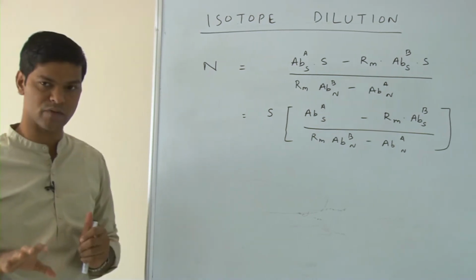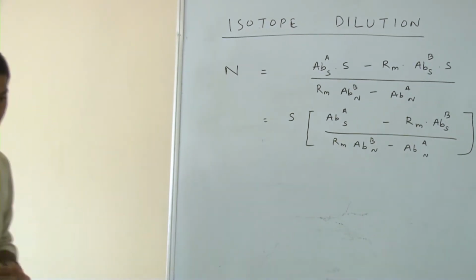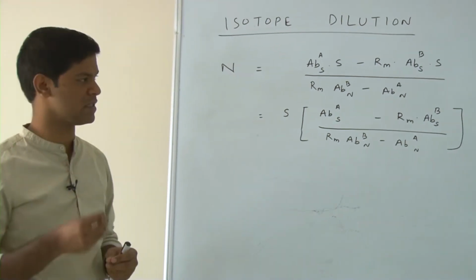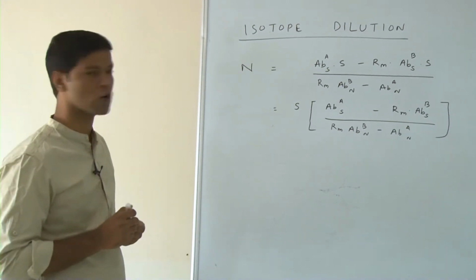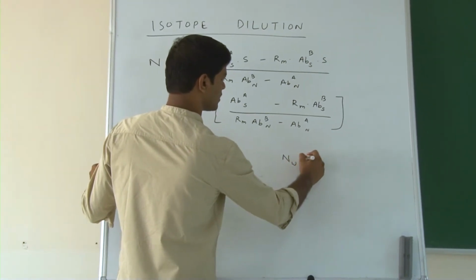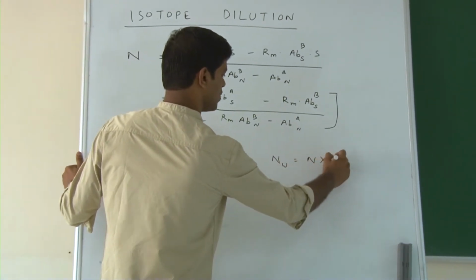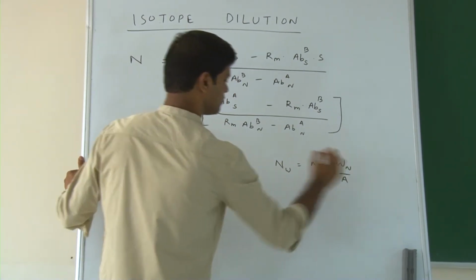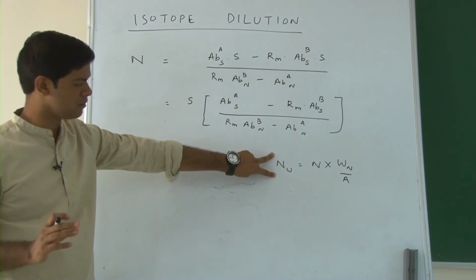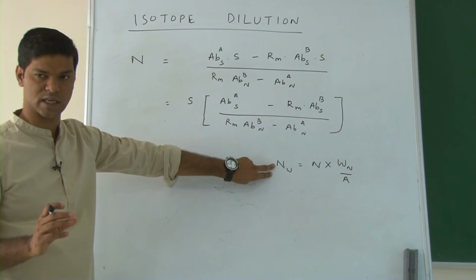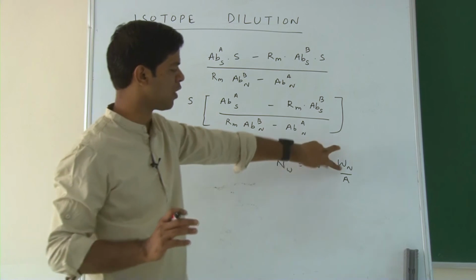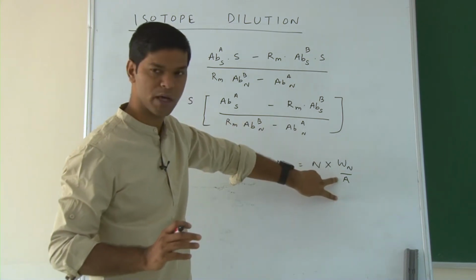Now, we are not interested in the number of atoms. When you are looking for elemental concentration, you want to know how many grams or how many micrograms of an element there are. So, the weight term can be written as N into Wn by A. Nw is the number of atoms in weight terms, this is by number, this is by weight, equal to N into the atomic weight of the sample divided by Avogadro's number.